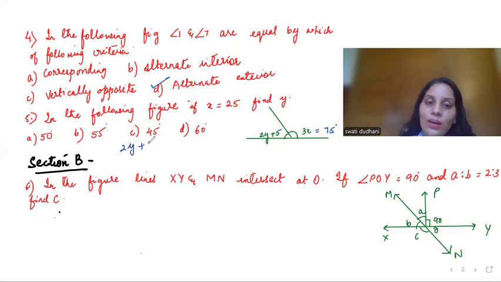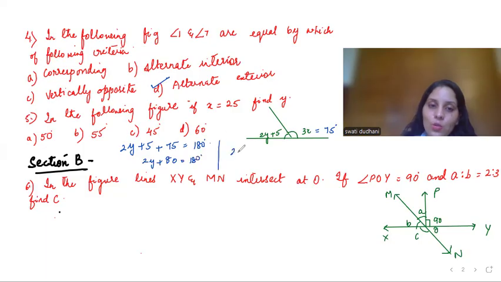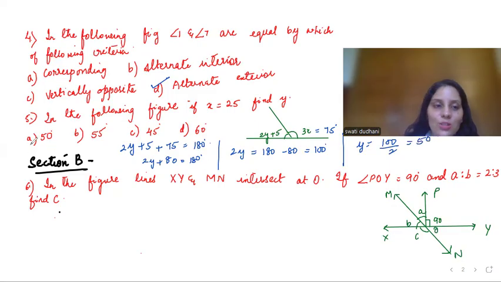So 2y plus 5 plus 75 is equal to 180 degrees. So 2y plus 80 is 180 degrees. So 2y is equal to 180 minus 80, which is 100 degrees. So from this, y is equal to 100 by 2, which is 50 degrees, option A. They are forming a linear pair, which is always supplementary.